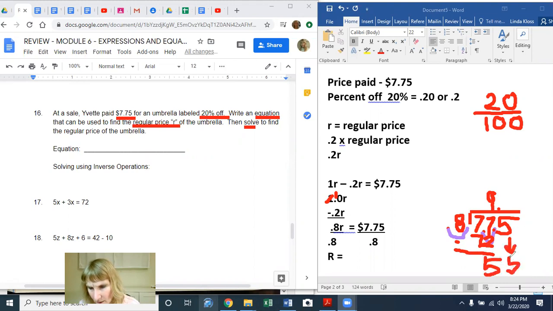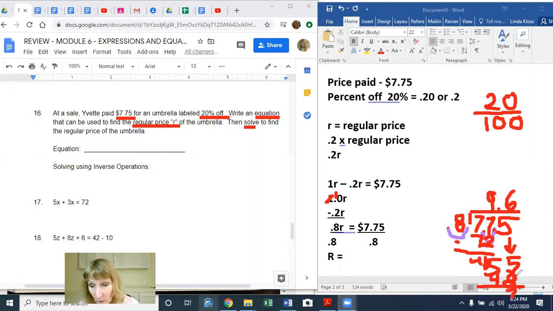How many 8s go into 55? 5 times 8 is 40, 6 times 8 is 48, 7 times 8 is 56. That's too high. It has to be a 6. 6 times 8 is 48. Let's see if I can squeeze it in here. 55 minus 48: the 5 becomes a 4, and 15 minus 8 is 7.